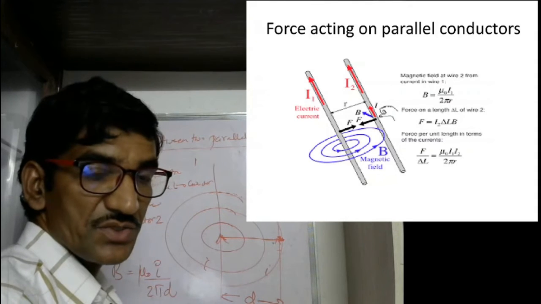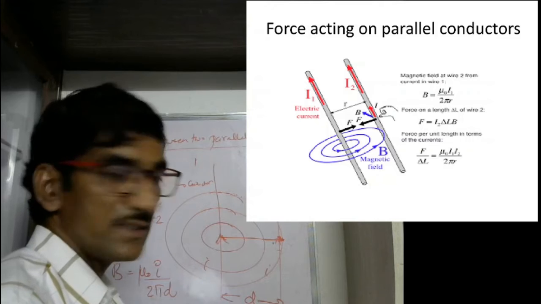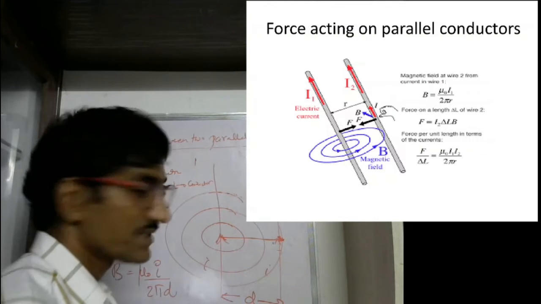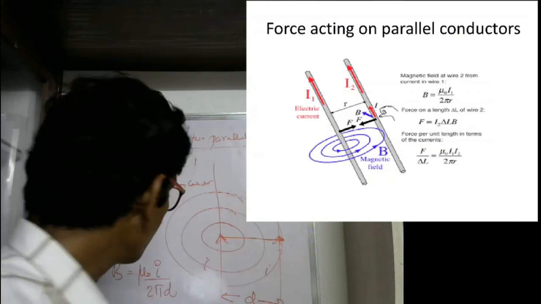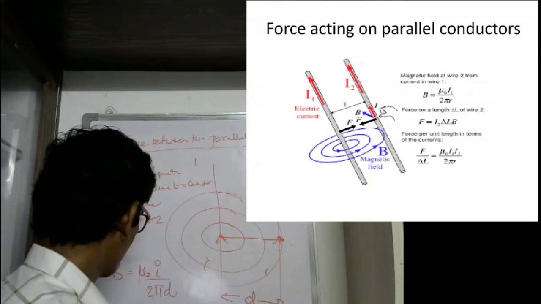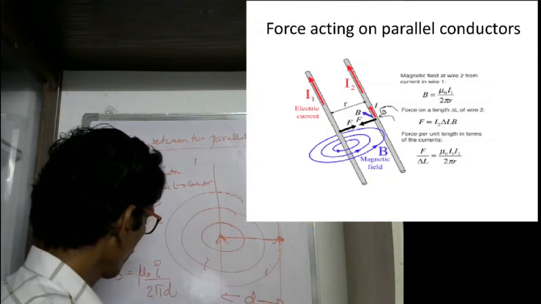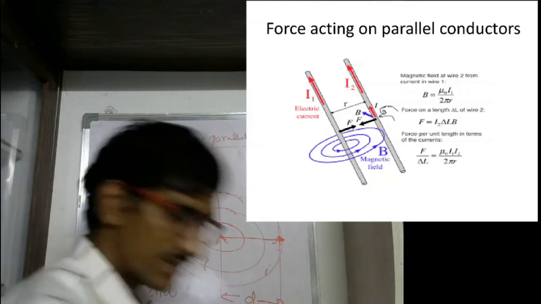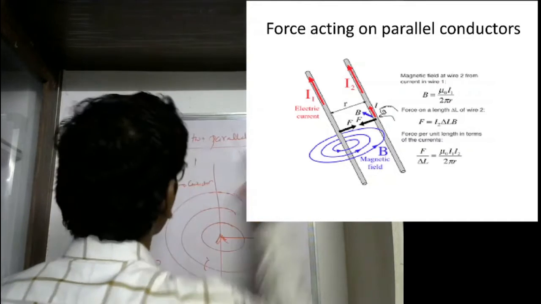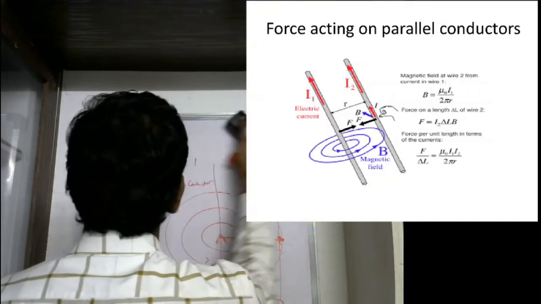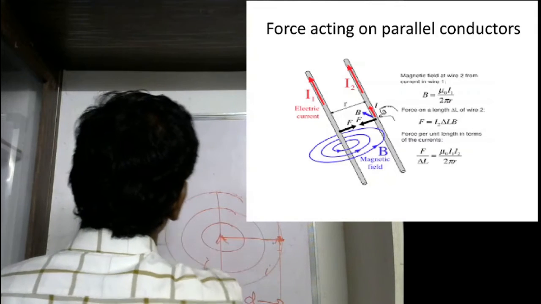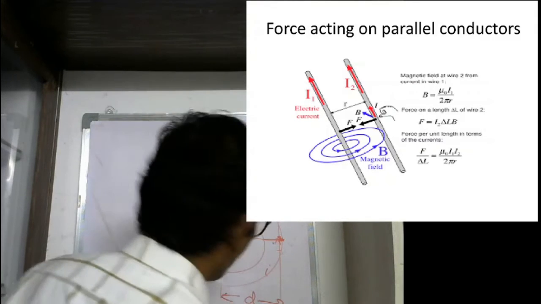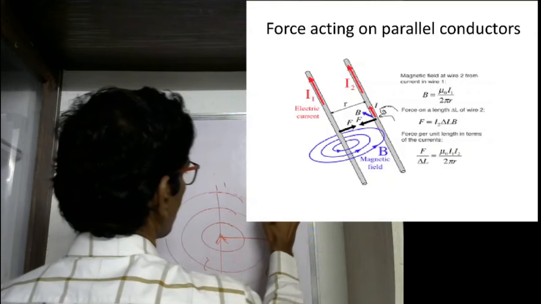So how much force will be exerted by this field onto conductor 2? This is conductor 1, this is conductor 2.